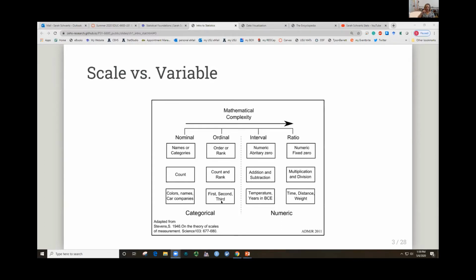And we're going to learn a lot of ANOVA-based methods, and there's a difference between categorical, discrete, nominal, ordinal, that kind of variable, versus continuous numeric interval ratio numbers. Which one works and which one doesn't? Which one is allowed to be an independent variable? Which one's allowed to be a dependent variable?